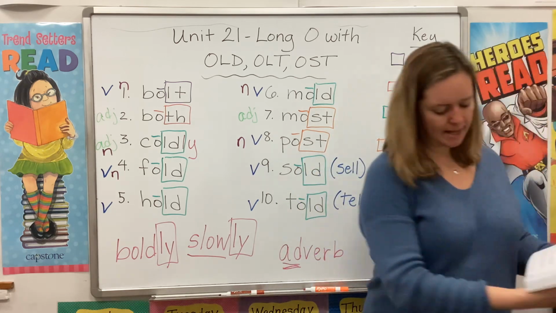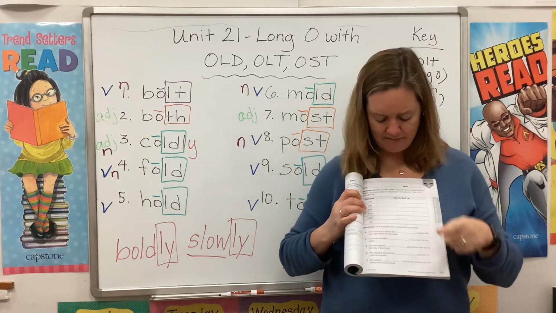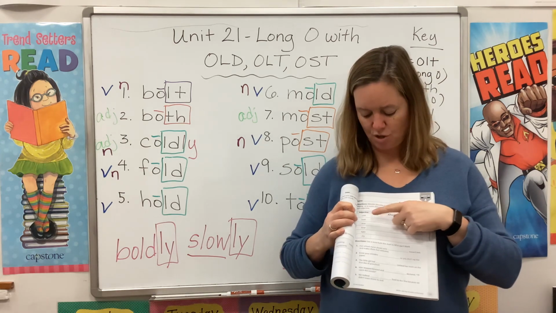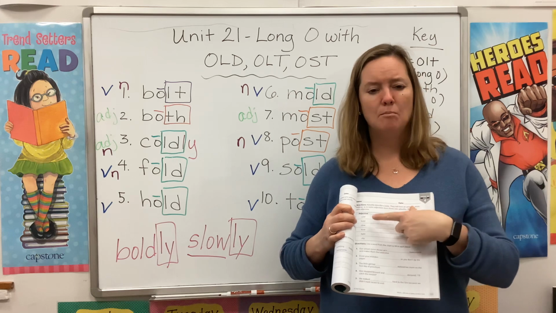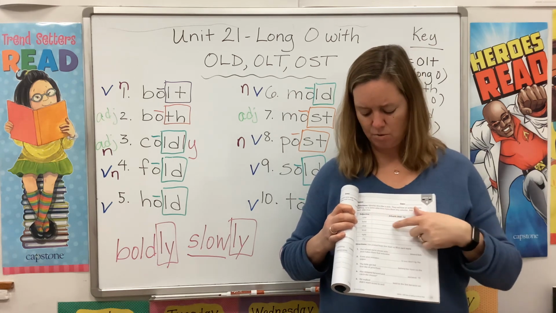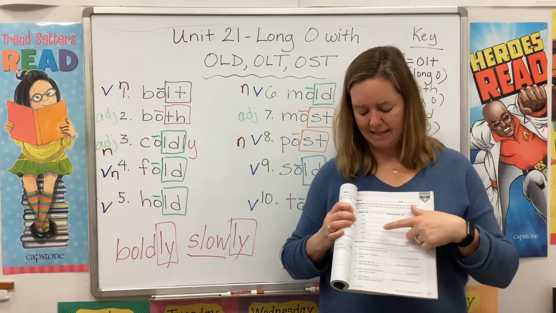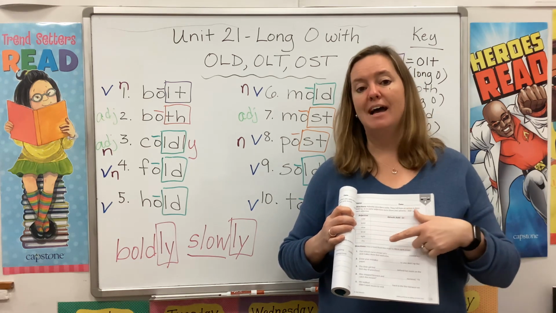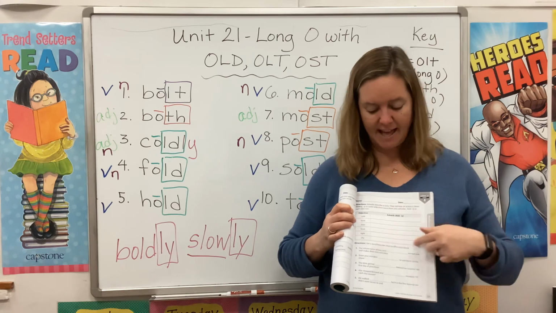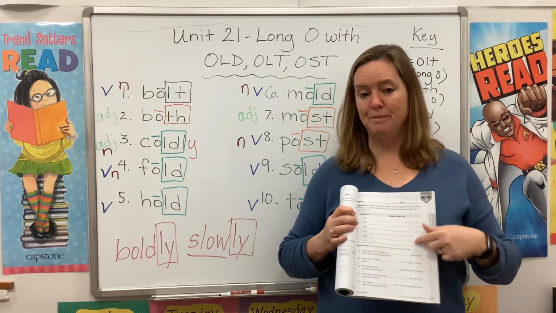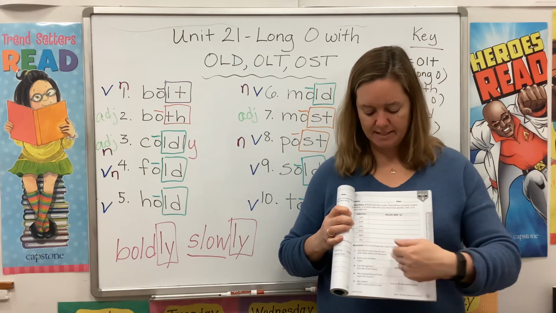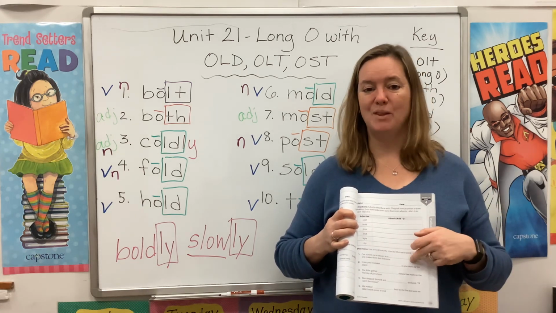So when you get to page 135, you're going to add ly to these words. You're going to change cold to coldly, bold to boldly, slow to slowly, kind to kindly, light to lightly, and shy to shyly. Then you'll have your own word bank that you just made, and you will use those words to fill in the sentences on the bottom.